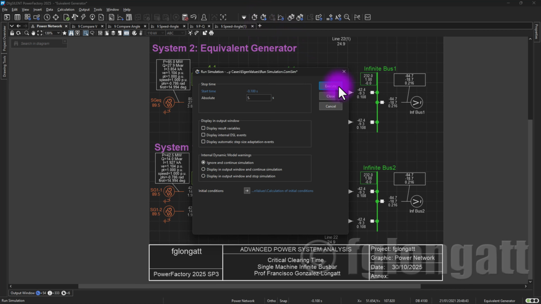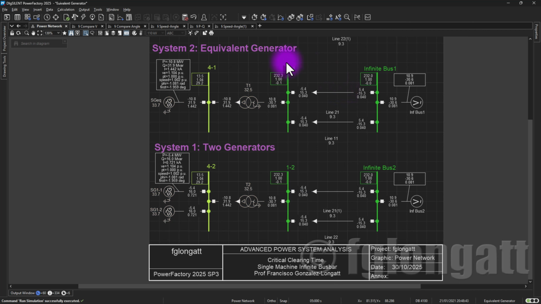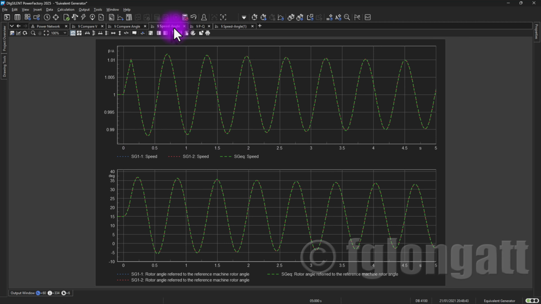So let's run the simulation over here, and now let's see how the state variables of this system behave before, during, and after the disturbance. Over here, what I am plotting for all of you are the state variables.